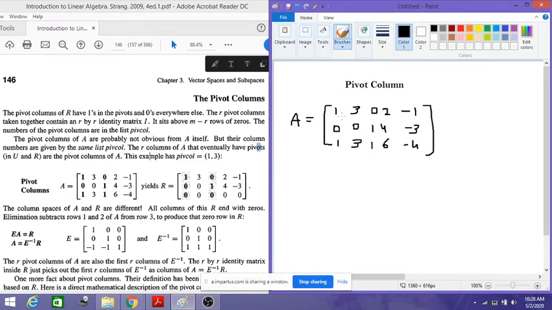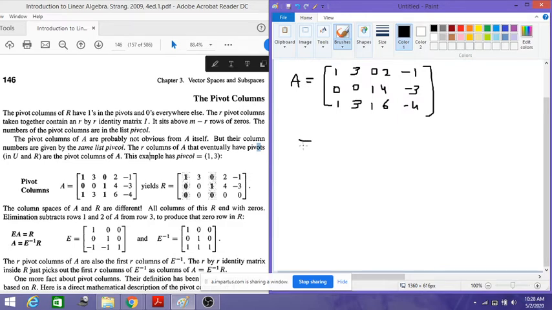So if we go for the elimination process and find the reduced row form, let us do this. Just subtract row 3 minus row 1. So we will get 1, 3, 0, 2, minus 1, and this remains the same.